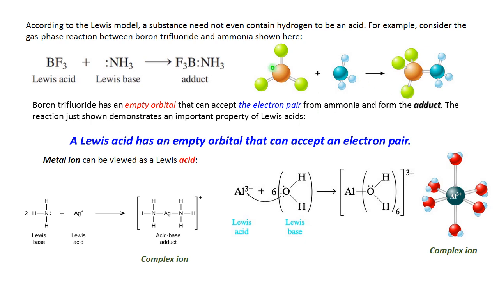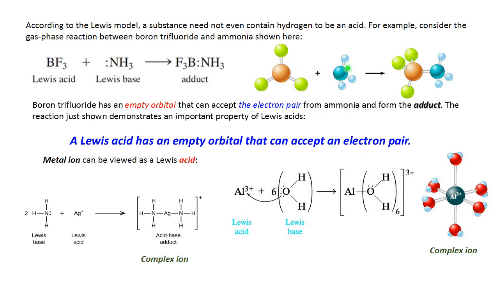Now they make a chemical bond between them. So now there are 4 bonds around boron. It's tetrahedral here. And we have a new compound. It's an adduct, from the addition of BF3 to NH3.